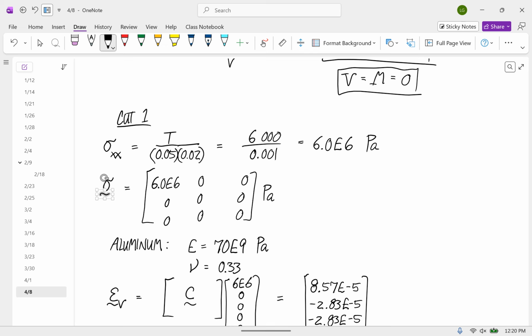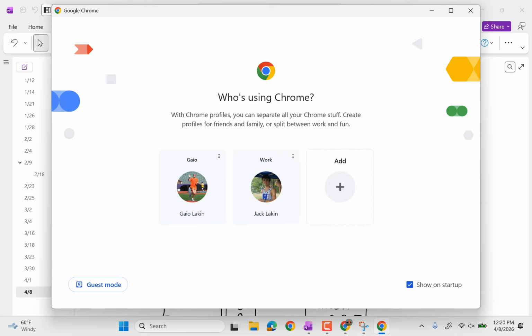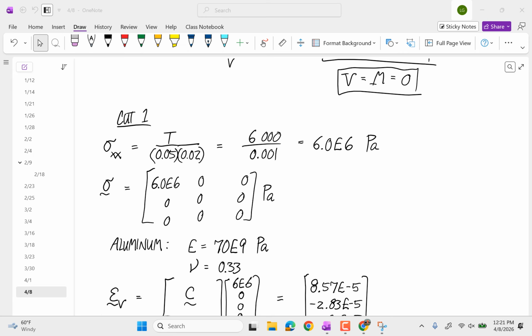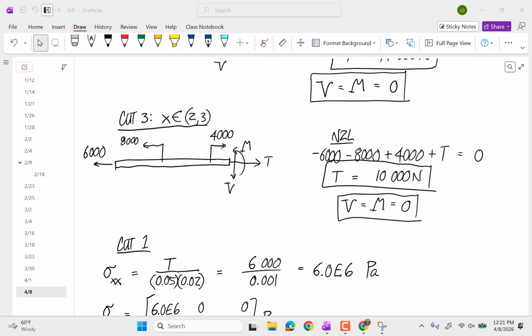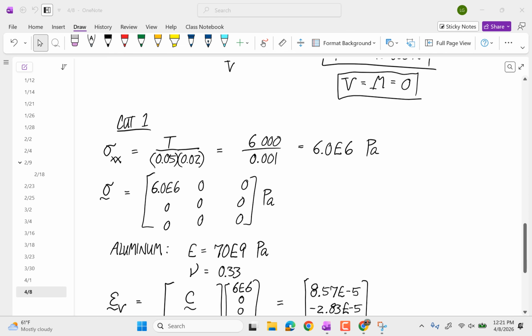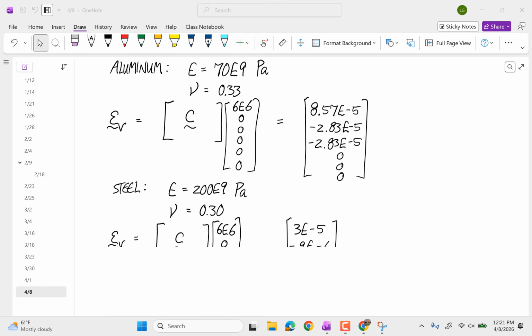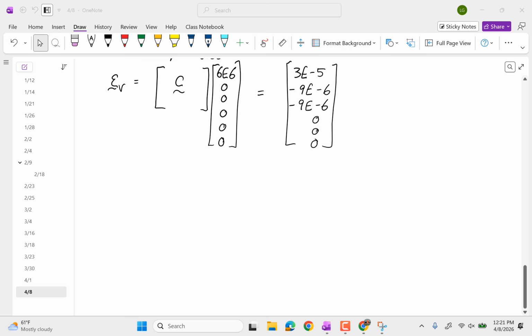Let's look at number 4. So for the others, the only thing that changes is the tension, right? That's right. So for cut 2, you just plug in 14,000 for T. You get a new value here, but everything else is the same.